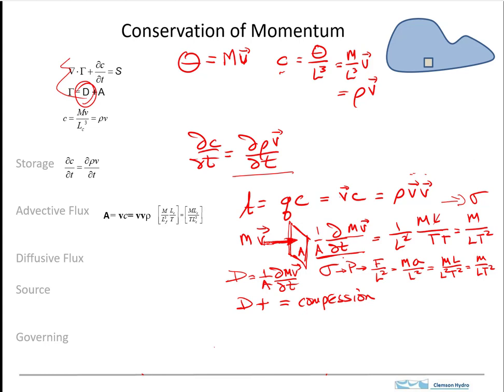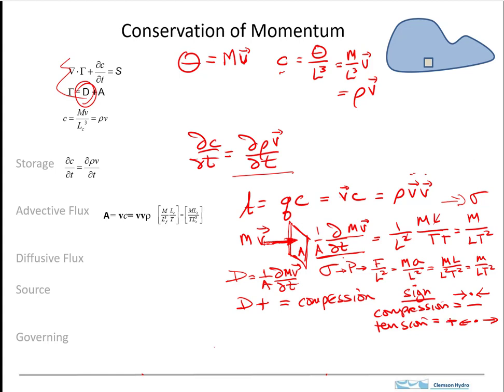Okay, so now we need to take a look at the sign convention, because stress we can have positive or negative, and so the sign convention that we'll be using is that compression is negative and tension is positive. So compression we can think of schematically as like that. Compression works like pressure, and tension is going to be like that.